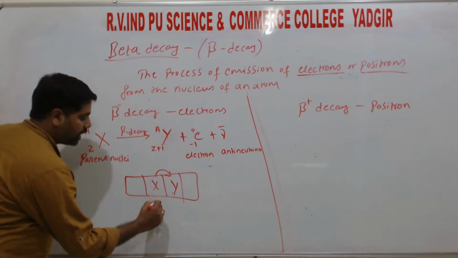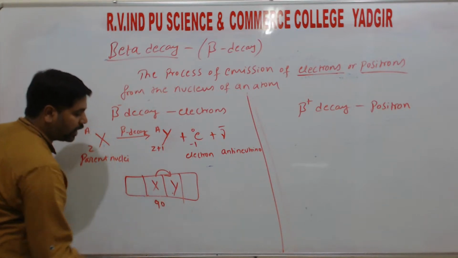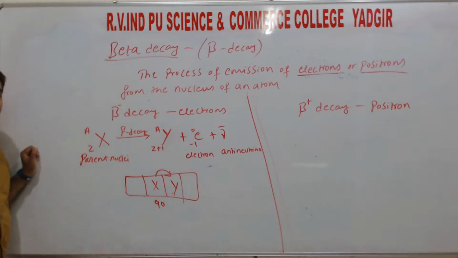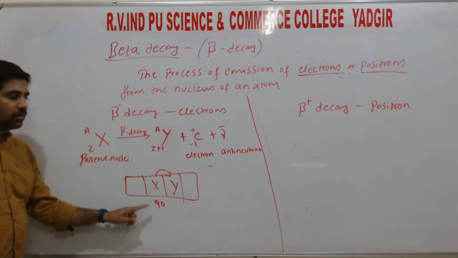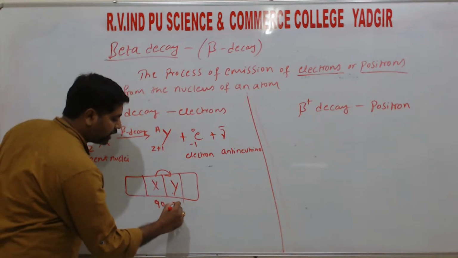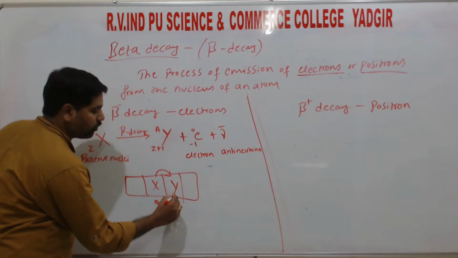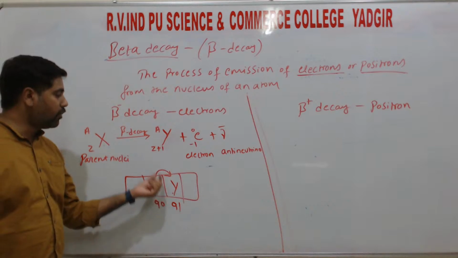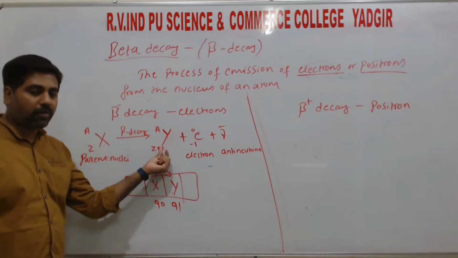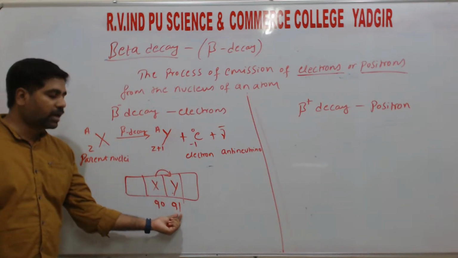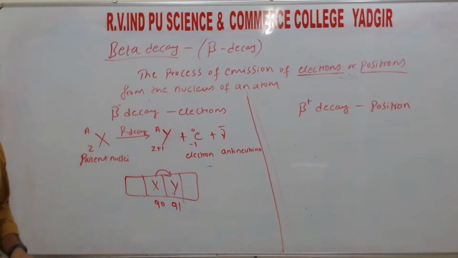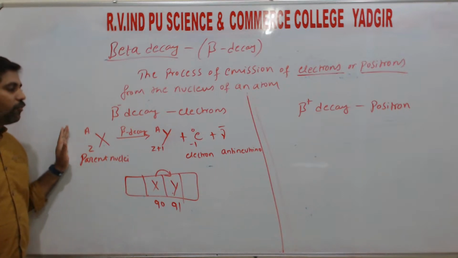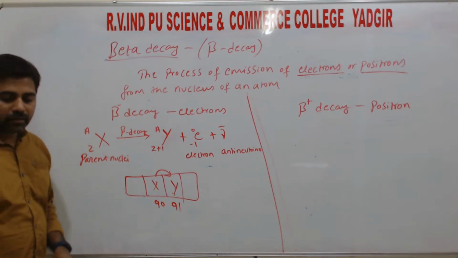For example, if the parent nuclei has atomic number 90, then the daughter element has 91, because we have Z plus 1, that is 90 plus 1, we get 91. This is the general form of the beta decay.